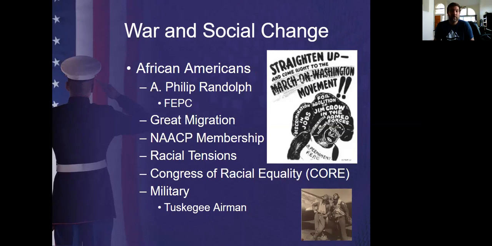One is this growing tendency of Blacks themselves to actually demand fair treatment. A. Philip Randolph and his organization of the March on Washington led to the creation of the FEPC, the Fair Employment Practices Commission, which ultimately led to the desegregation of defense plants.